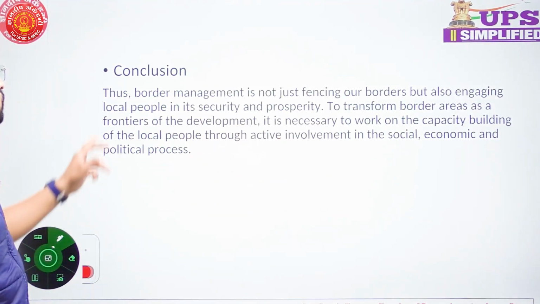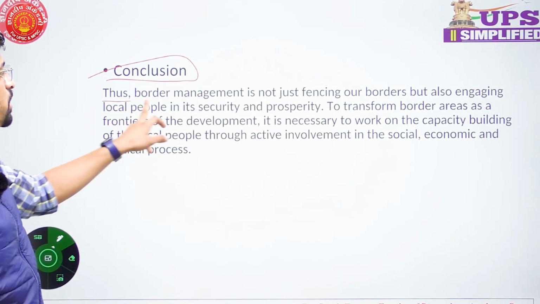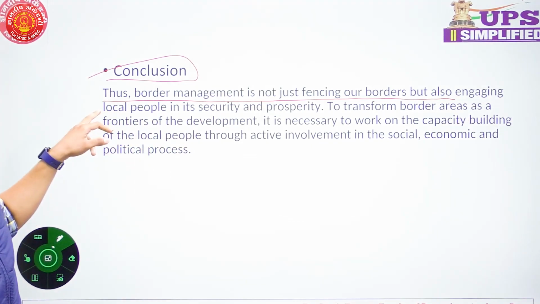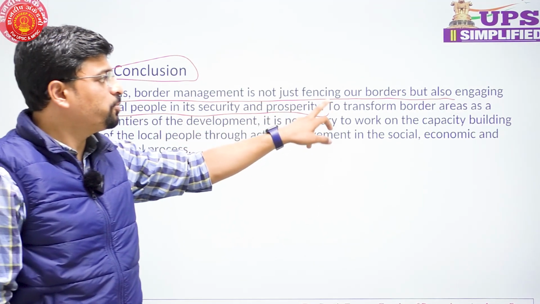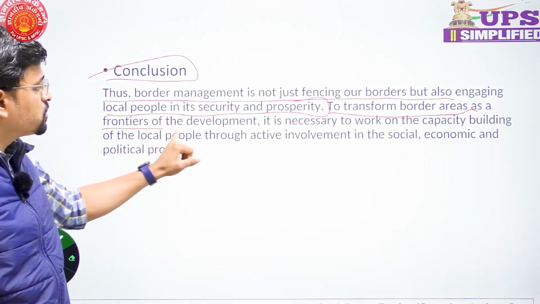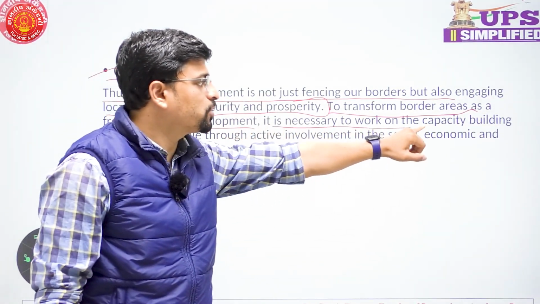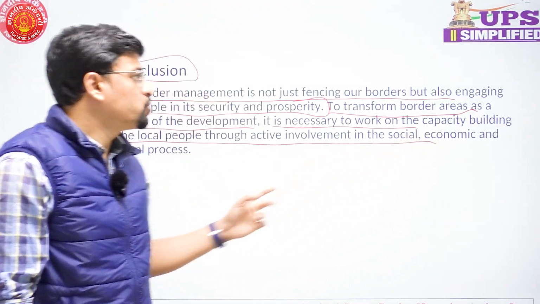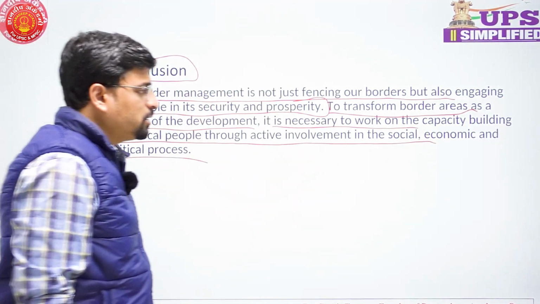And lastly, the conclusion: border management is not just fencing our borders but also engaging local people in its security and prosperity. To transform border areas into frontiers of development, it is necessary to work on the capacity building of local people through active involvement in the social, economic and political process.